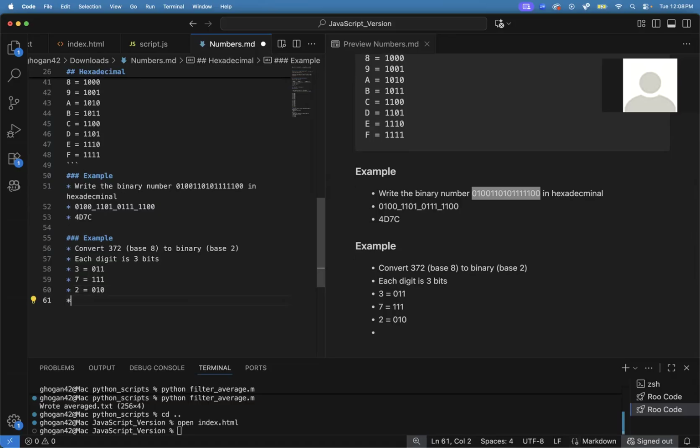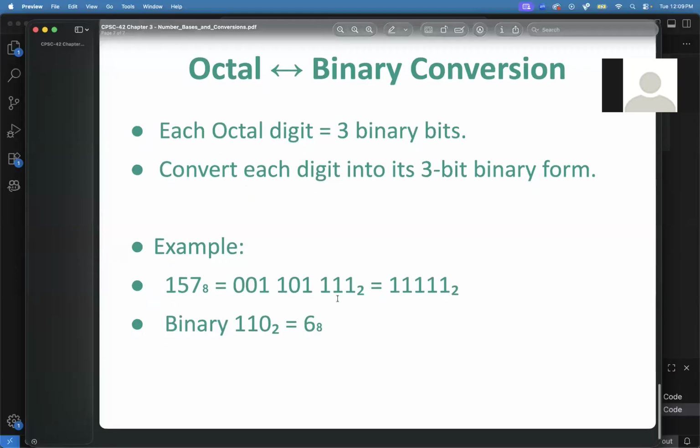Put it all together, and it means that 372 base 8 is going to be 011111010 in base 2 binary. Okay, and you can do that the other way around. Going the other way around would be exactly the same as what we did for the hexadecimal, except that we only have eight digits to worry about instead of 16.